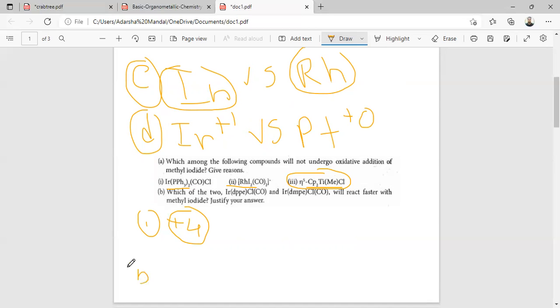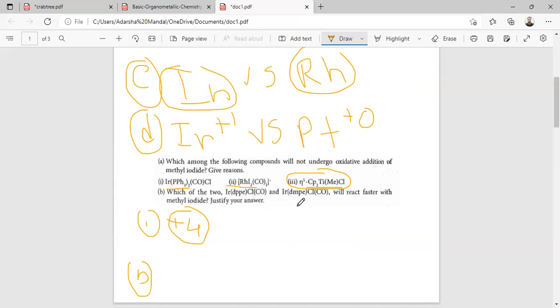So next question: which of the following, iridium DBPE Cl CO or iridium DMPE Cl CO, will react faster with methyl iodide? Both metals are d8 systems. So oxidative addition will occur via an SN2 mechanism.